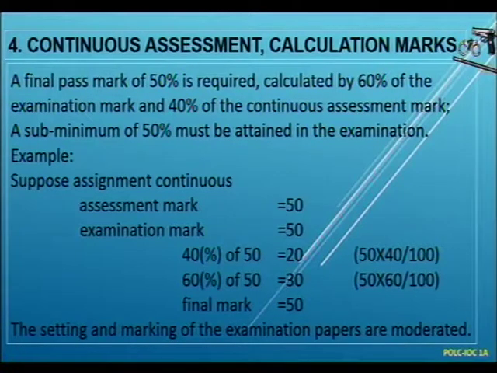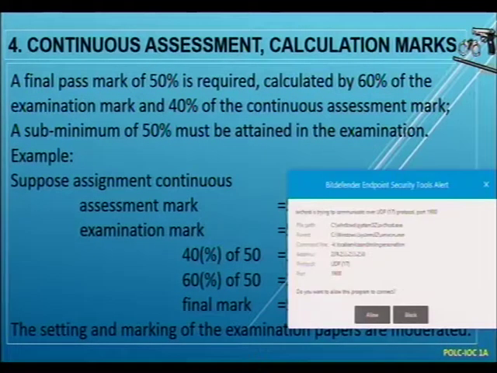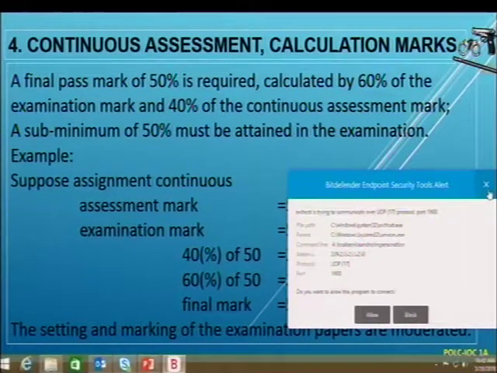And your examination mark would be calculated as 60% of 50, which equals 30, so 50 times 60 divided by 100. The final mark would then be 50. The markings and examination papers are moderated.